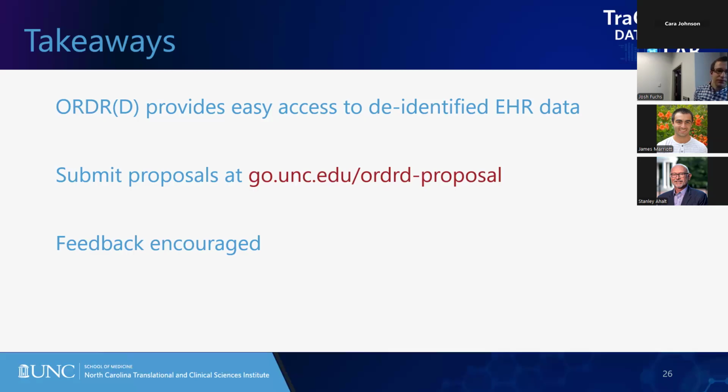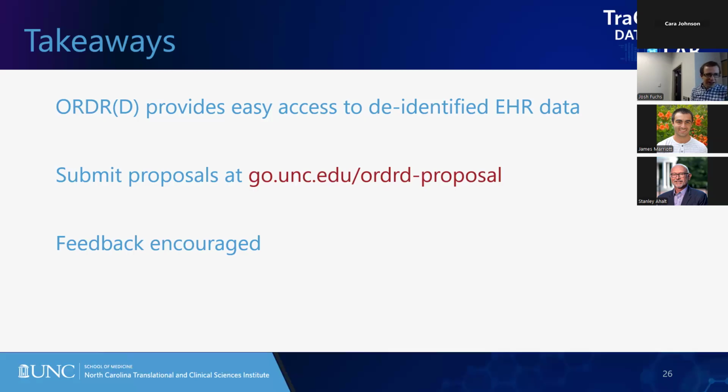But if something is a lab, the chances are good that we have it, because just on the 3 million patients in Ordr, we have over 1 billion labs. That is fairly comprehensive in terms of the labs being ordered in the clinical setting.